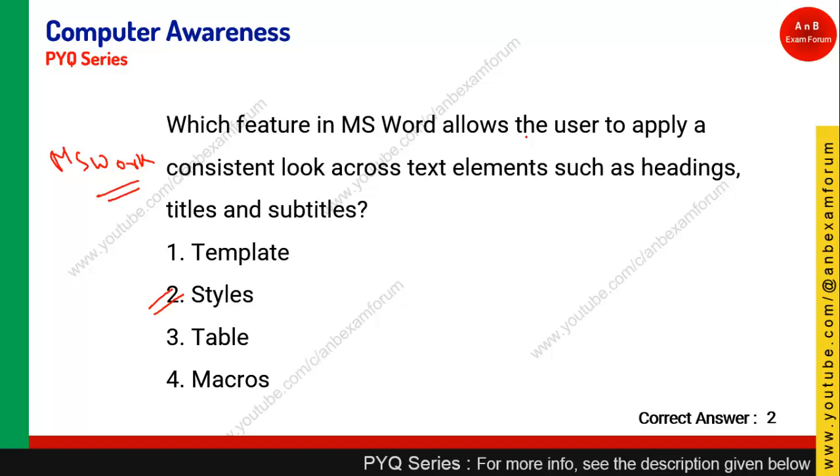Whereas a template is generally a framework which is used to make a commonality among the different documents. Okay, a table is nowhere related to this consistent look, and macros are generally a small program which does a repetitive work, which is generally written in some VB language. Okay, so option 2 is the right answer.